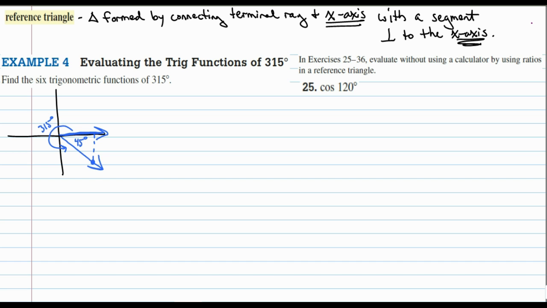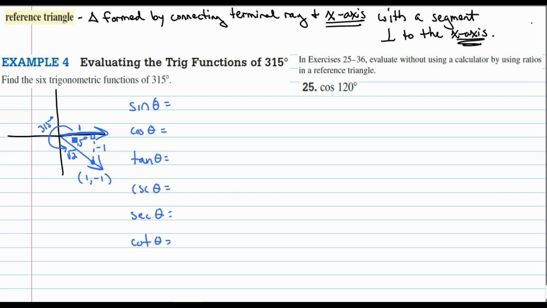Specifically, I'm going to draw a reference triangle, and since you know that this is going to be a 45, 45, 90, we can pick that the hypotenuse is square root 2, the x-coordinate here is going to be 1, the y-coordinate is going to be -1, so this point located on my terminal ray, just for frame of reference to the other problems, is (1, -1).